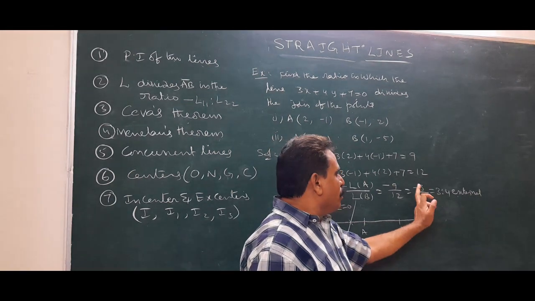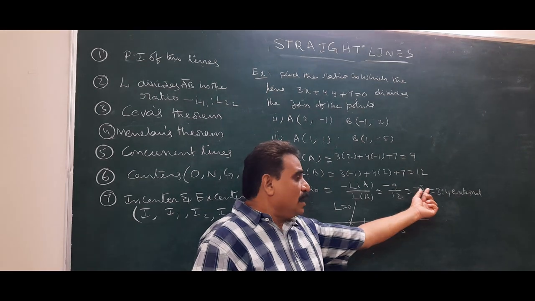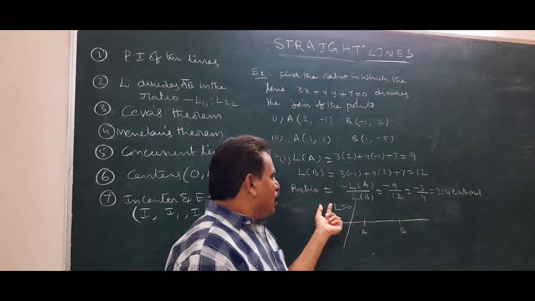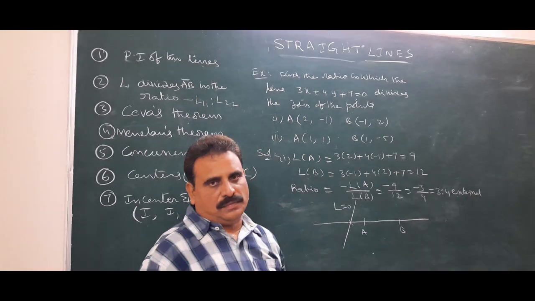The ratio is minus 3 by 4. That indicates 3 is to 4 externally. So, here the position of the line and the segment is like this.